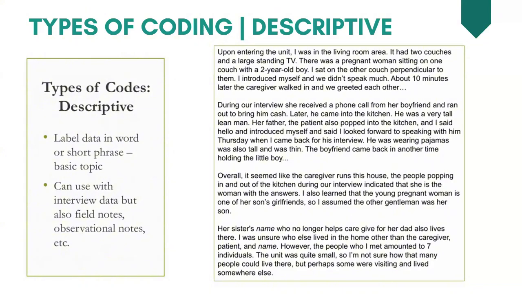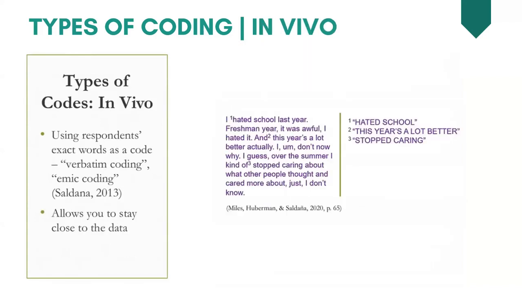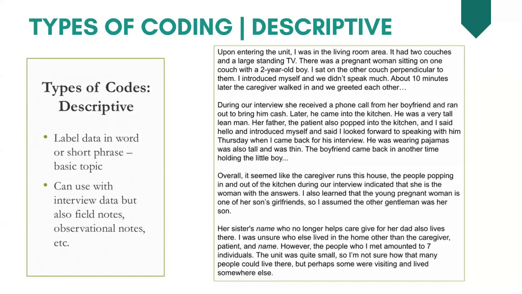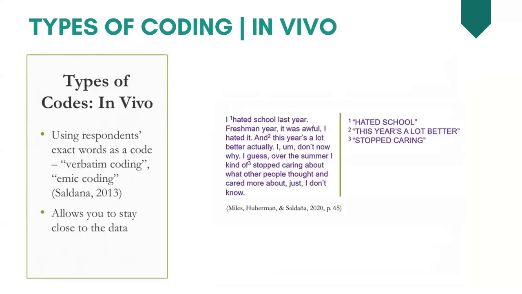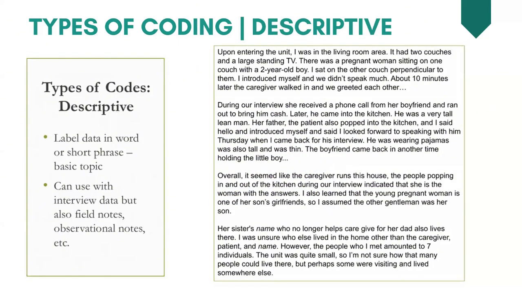But what we've got to ensure, like I talked about here with the hated school, stopped caring, is that as we use this type of coding to extract the key points, we don't lose the voice as we're doing our write-up. So sometimes we need to find ways, this is where color coding comes in, to make sure that the strong terms like hated school, stopped caring, are still in our zone of attention.